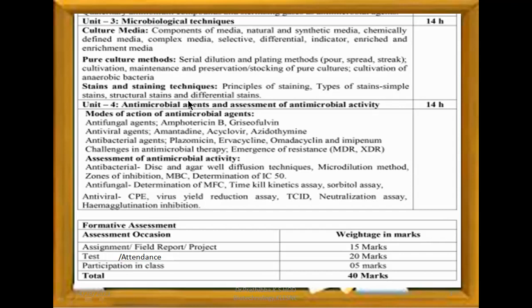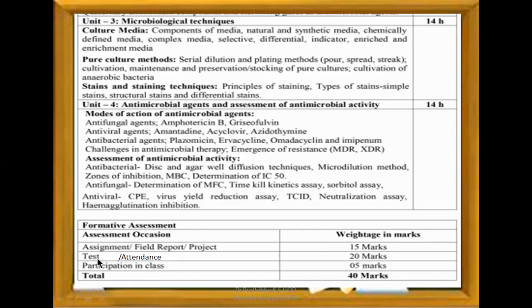So these theory units you are writing in the examination for 60 marks, for 2.5 hours. Further, the rest of the 40 marks will be for your IA marks. This is formative assessment like assignment, field visit or project, which carries 10 marks: 5 marks for assignment and field report.